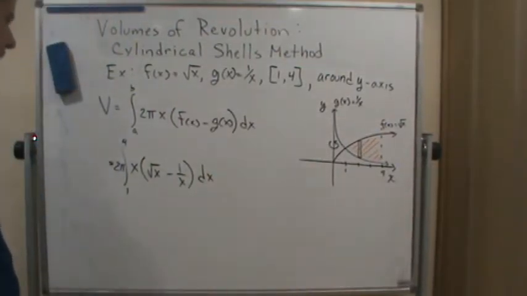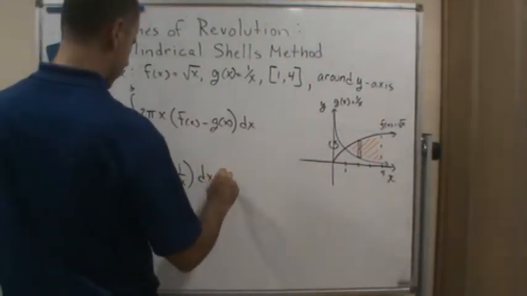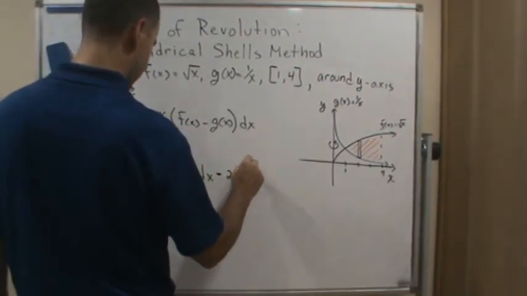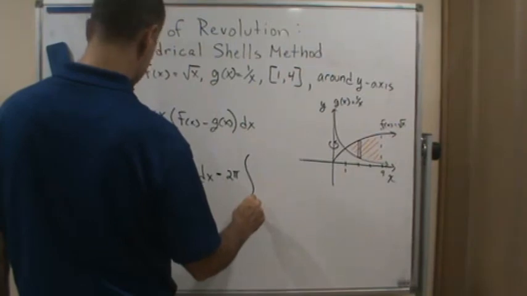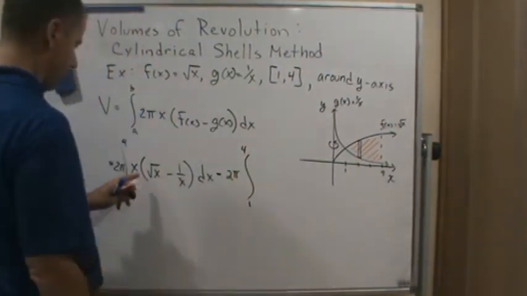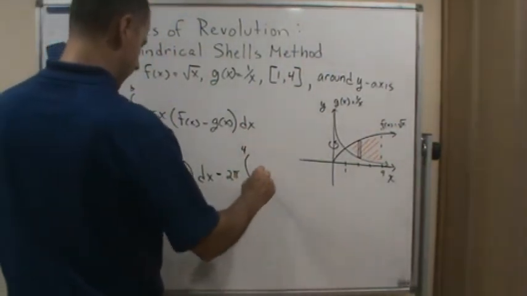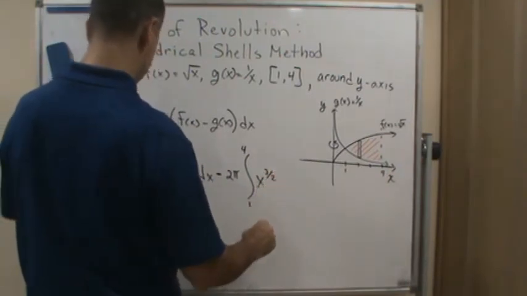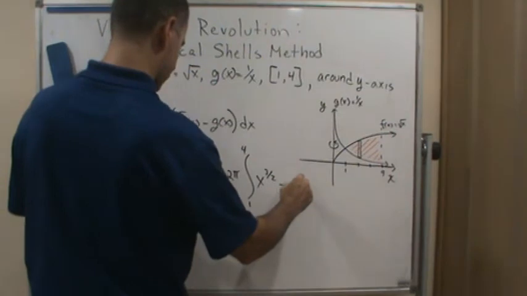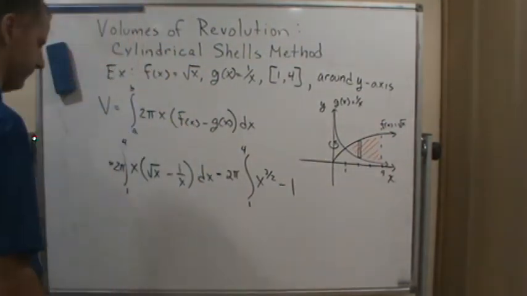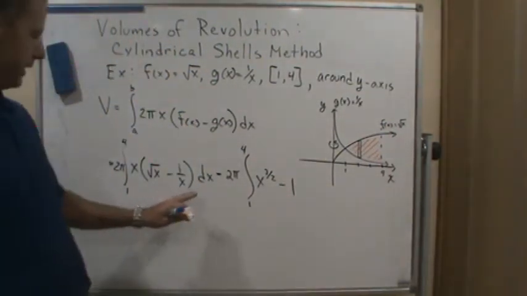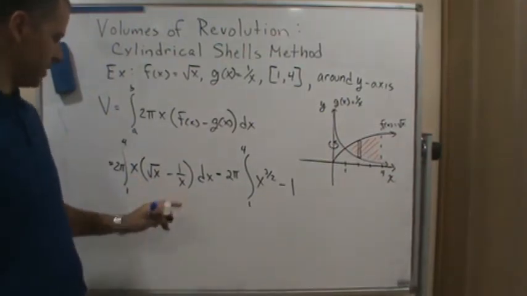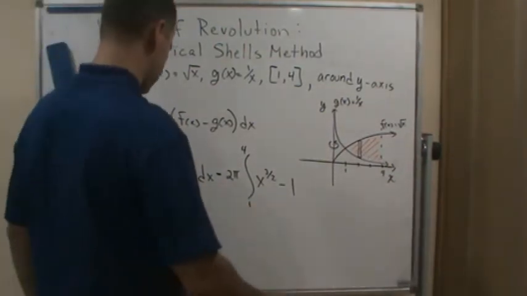Now let's simplify more. 2 pi, and this is going to become x to the 3 halves minus 1. Again, if you don't see that, just write it out in more steps. Distribute the x to both of these, and you should get this.